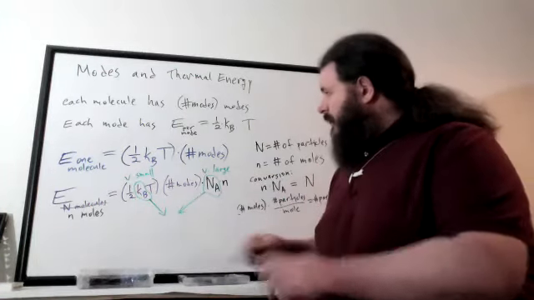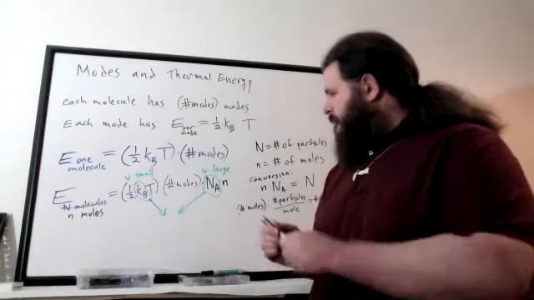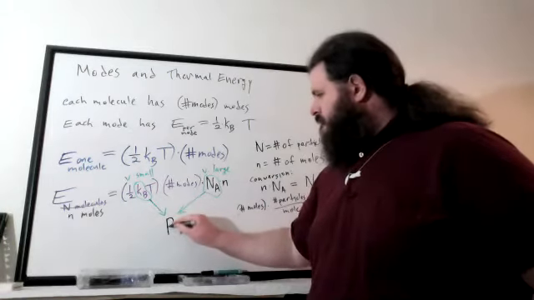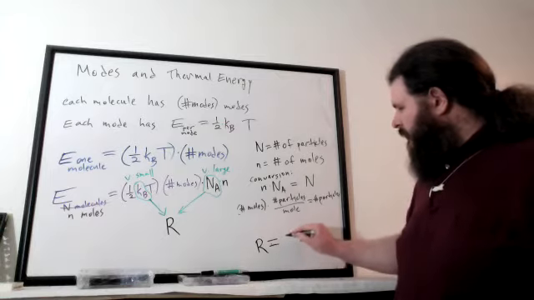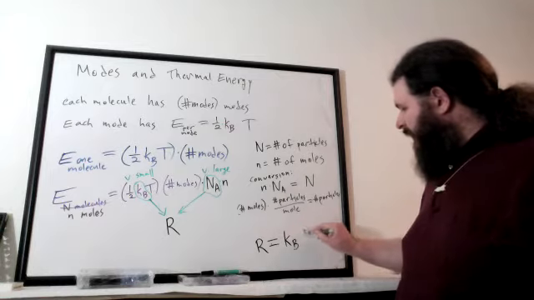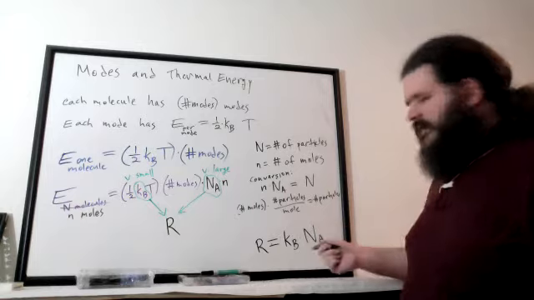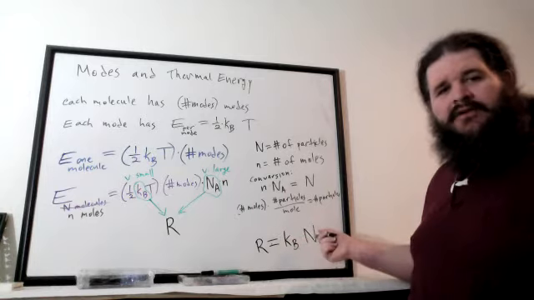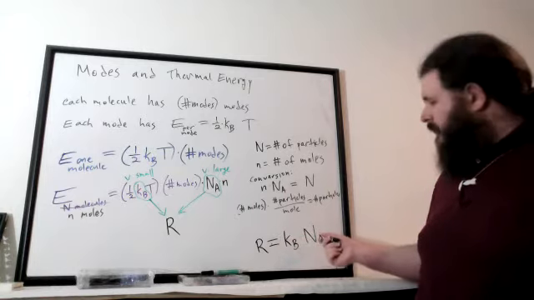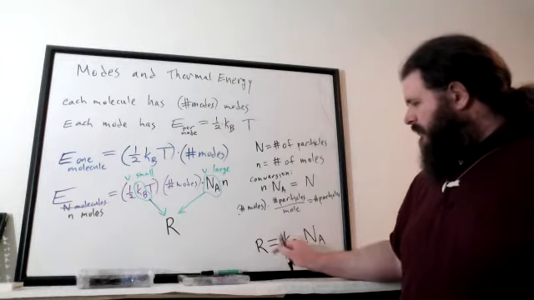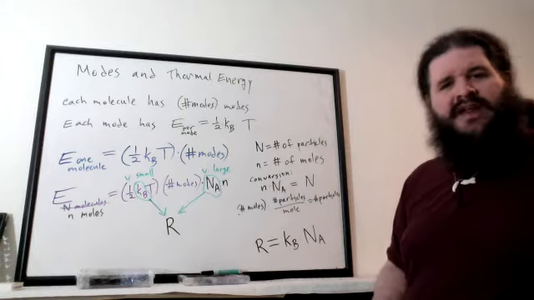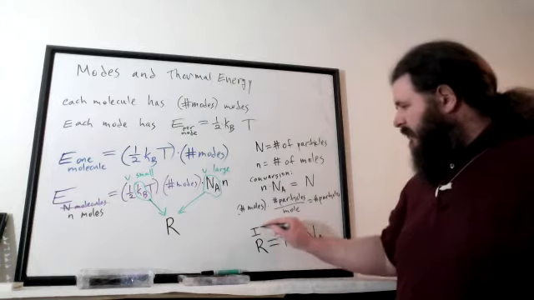Specifically, a number called R. So R is defined as Boltzmann's constant multiplied by Avogadro's number. Anytime you have Boltzmann's constant multiplied by Avogadro's number in any sort of formula, that can be abbreviated as R. And you've actually seen R before. This is the same R you've seen in the ideal gas equation.